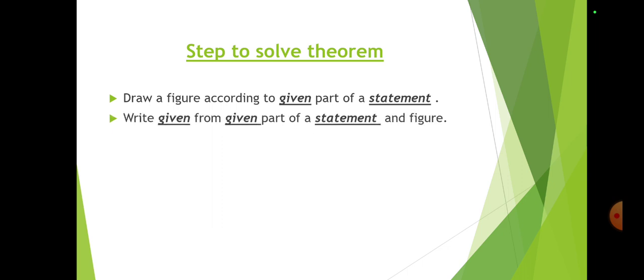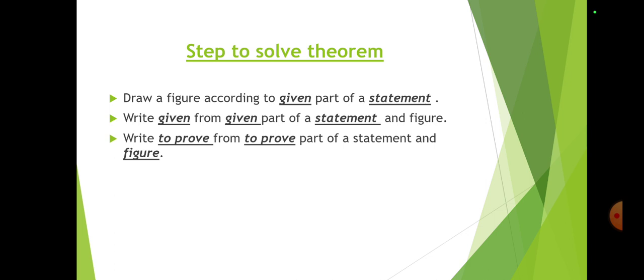After drawing the figure, we will write the given part contained in the statement, in terms of the figure. That means when you are writing the given part, you have to consider the figure which you have drawn already.